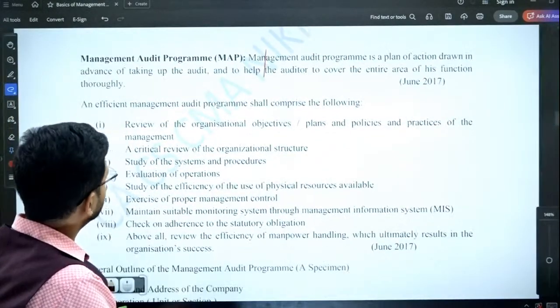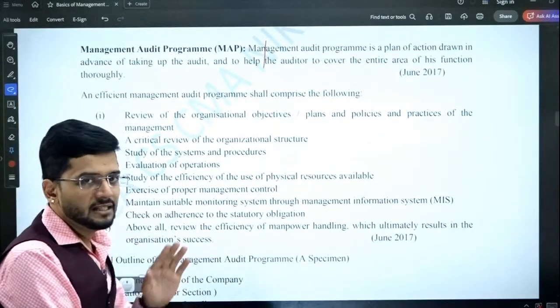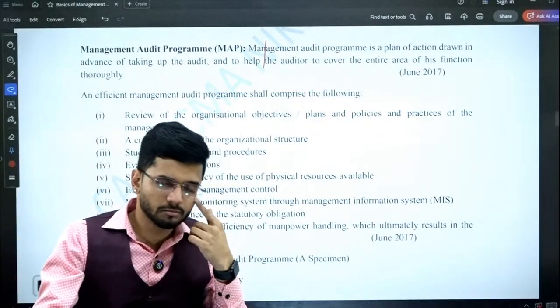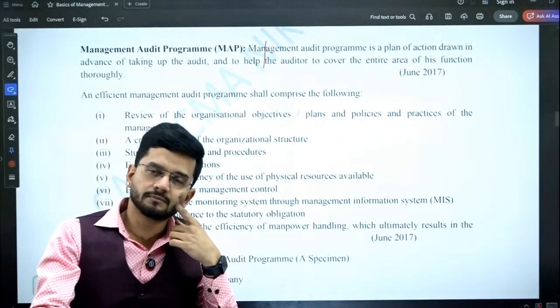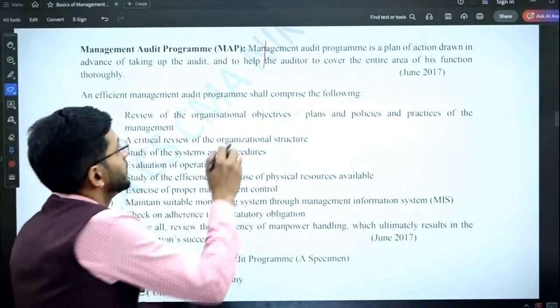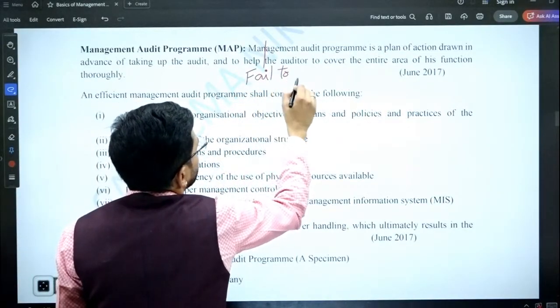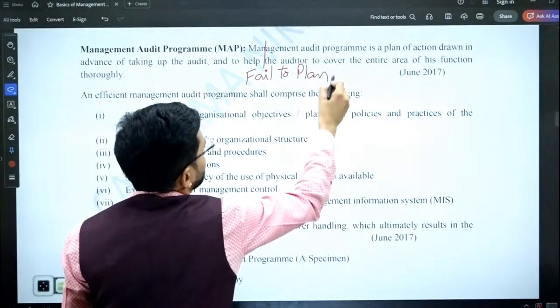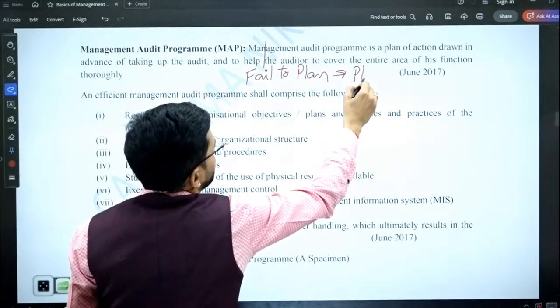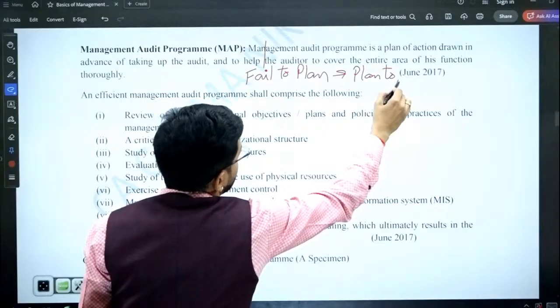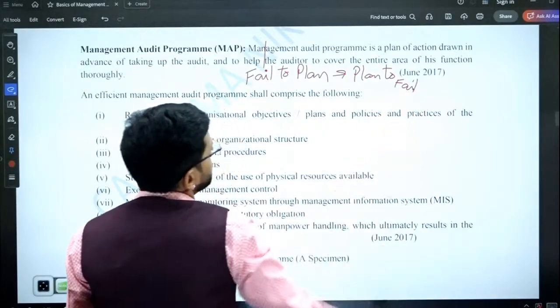Yes, very, very important. It's a very old saying that if you fail to plan, then you plan to fail. This is true for your examinations also, guys.